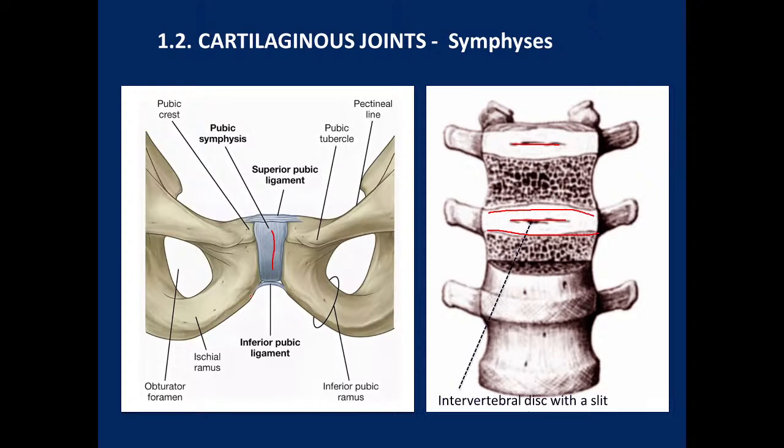Usually symphyses are a little bit more movable than other cartilaginous joints, and it is very important for the pubic symphysis, especially for women who are expecting a child, because during childbirth the pubic symphysis helps to move the head of the child between the pelvic bones.